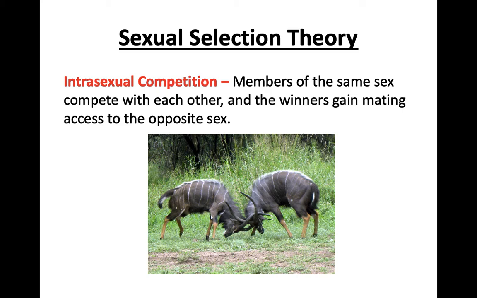It has been suggested that human males will also sometimes compete with each other in physical contests. You can think about boxing or wrestling or martial arts, with the idea that there's intra, as in within, competition between members of a particular species to gain mating access to members of the other gender, or I'm sorry, biological sex.